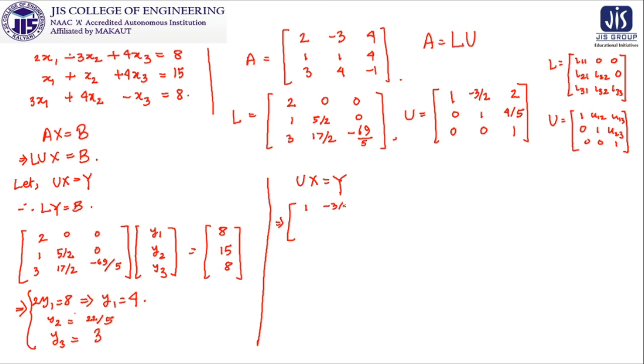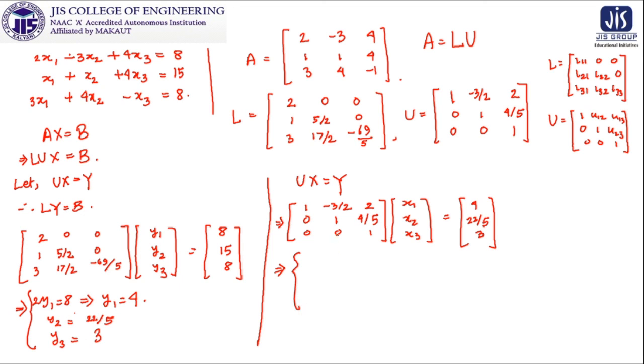1, minus 3 by 2, 2; 0, 1, 4 by 5; and 0, 0, 1 associated with x1, x2 and x3. Now look at this, the value of Y is known to us in the form of y1, y2, y3. We can write it as 4, 22 by 5 and 3, and here also just by looking at this structure and back substitution we get x3 equal to 3.